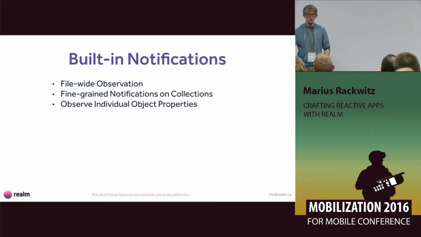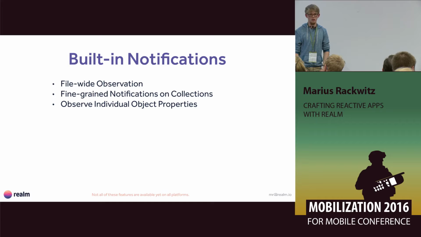Even if you did a very naive approach of implementing your own database, once a file is updated, okay, well, there's something new. But beyond that, you can even have fine-grained notifications on collections. So you can make queries for a specific subset, let's say all persons over the age of 30. And only if this specific collection is changed, then you would get an update, and not only that this collection has changed, but also what has changed within this collection.